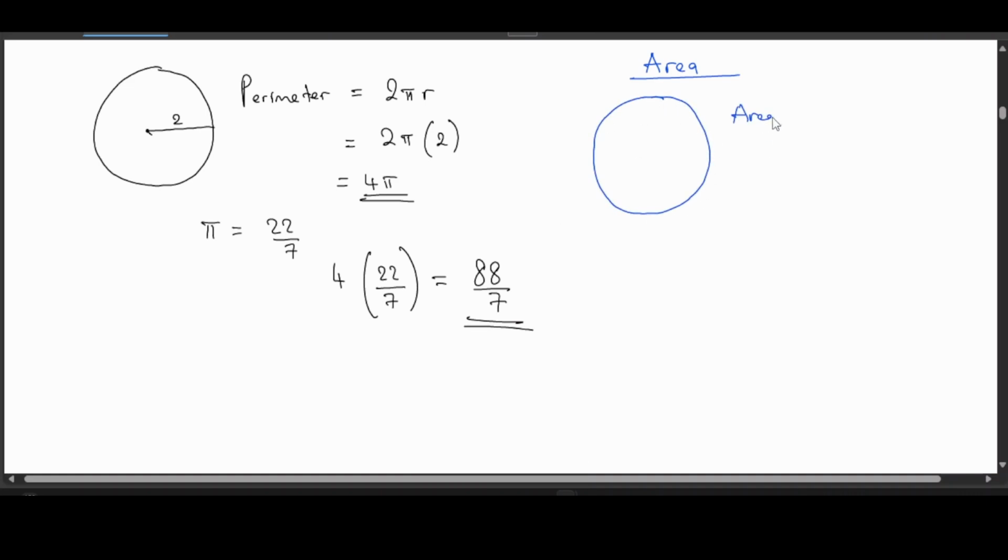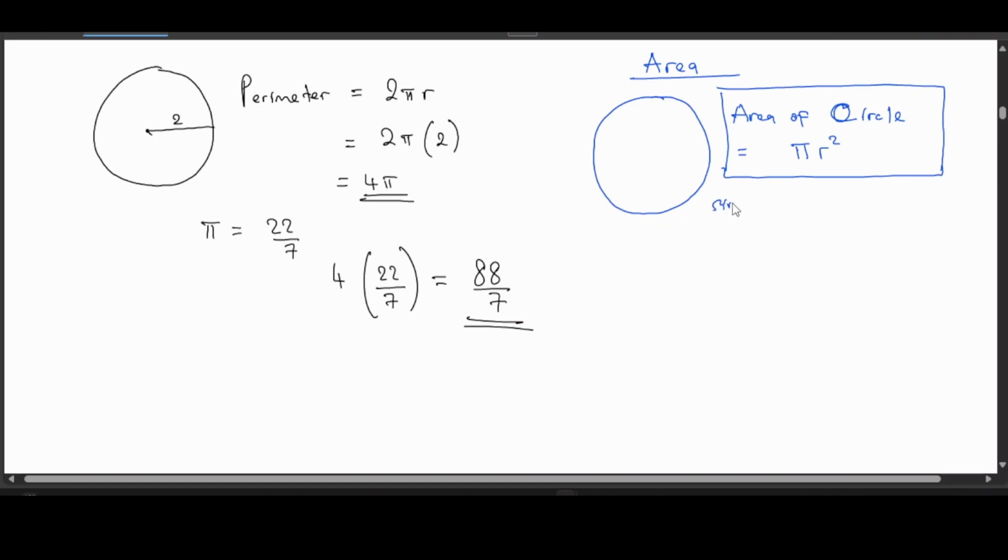The area of a circle is equal to pi r squared. This is the formula, pi r squared. Perimeter is 2 pi r, area is pi r squared.